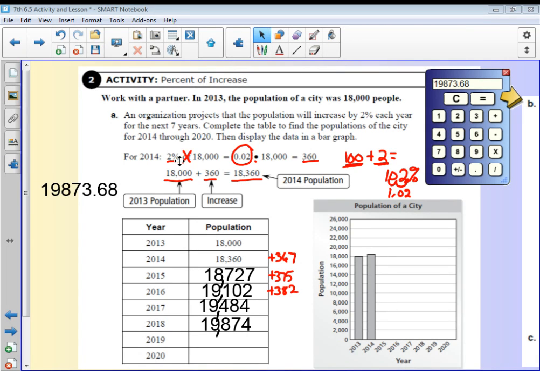We'll try that one again on this one: 19,874 times my 100% plus 2%, which would be 1.02. That gives me 20,271.48. We'll round that up, because the 8 would round the 4 to a 5, and the 5 would round that up to a 2.